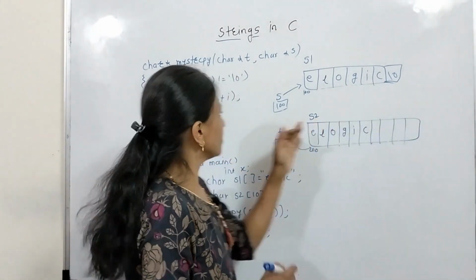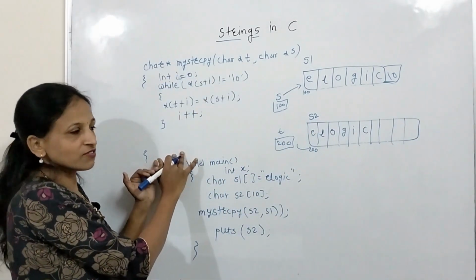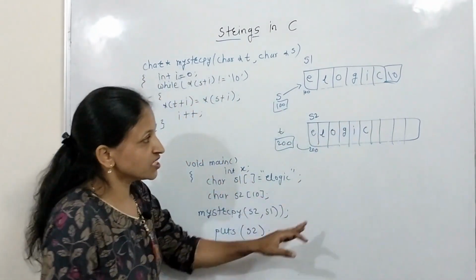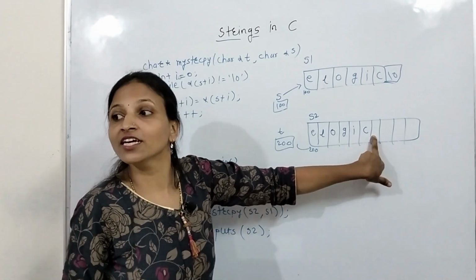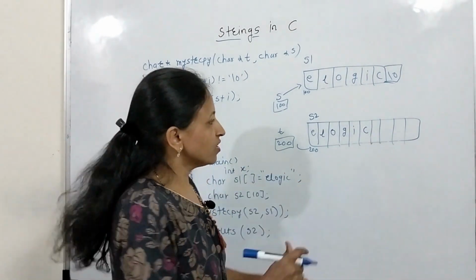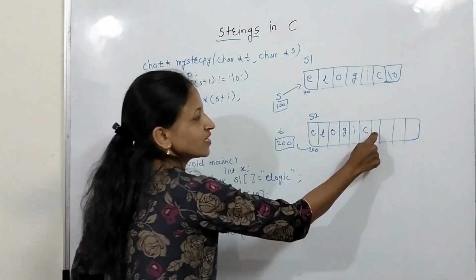Why? Because whenever it gets that \0, it will come out of that loop. That's why \0 is not copied here. Now we have to explicitly put that \0 here. Now i will hold the proper value that we can use to put that character here.